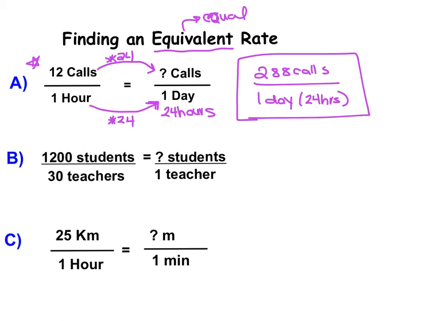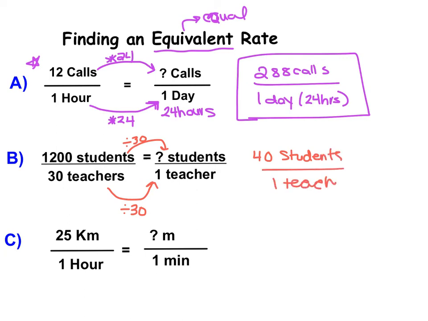We've got 30 teachers with 1,200 students, and we're trying to figure out how many students should be in each homeroom. Here I'm taking 30 and turning it into a unit rate with 1. I need to divide 30 by 30 to get 1, which means I also need to divide the 1,200 by 30 to figure out how many students each teacher will take on. 1,200 divided by 30 gives 40 students per 1 teacher.